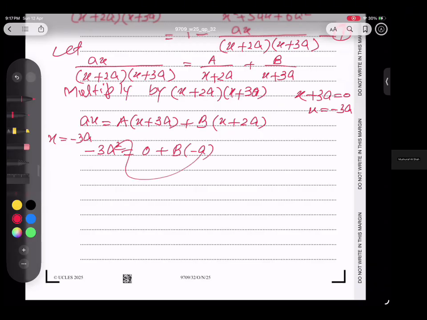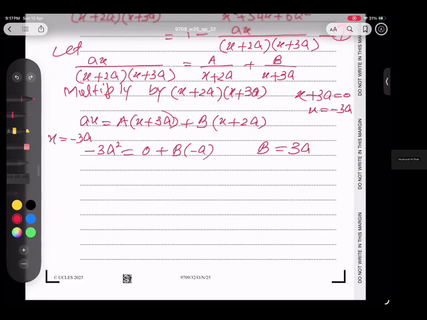This a will cancel, and I get B equal to 3a. So I think the point is very clear how I got 3a. Okay, and let me check, is it positive or negative? Hold on. Yes, when I place this value here, negative 3a, this is done. Correct. Okay, so let's move on to the next one.